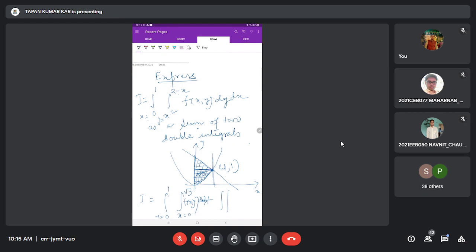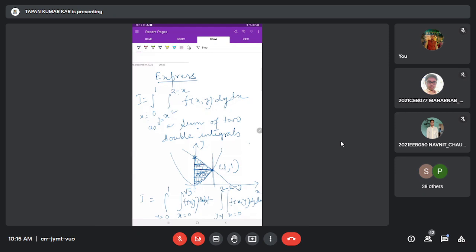And for the second integral, x varies from 0 to the line x equal to 2 minus y, and y varies from 1 to 2, of f(x,y) dy dx.